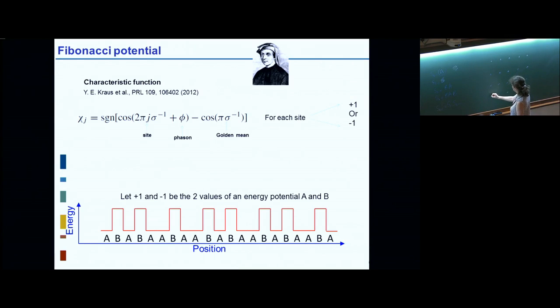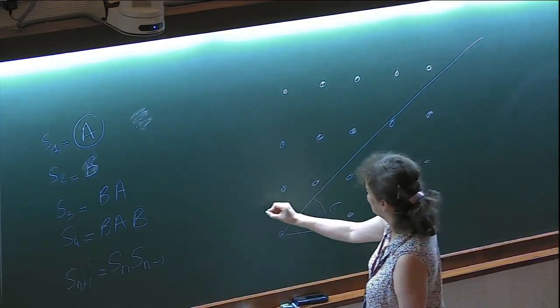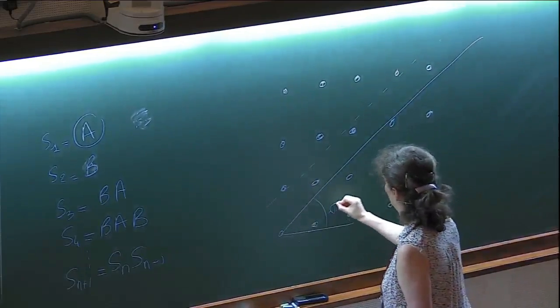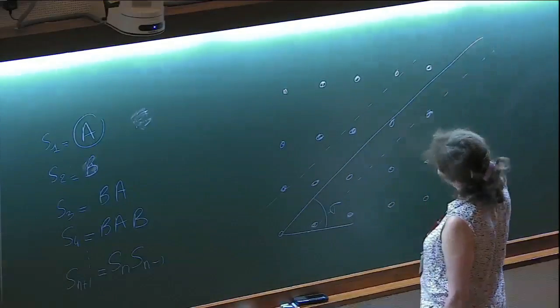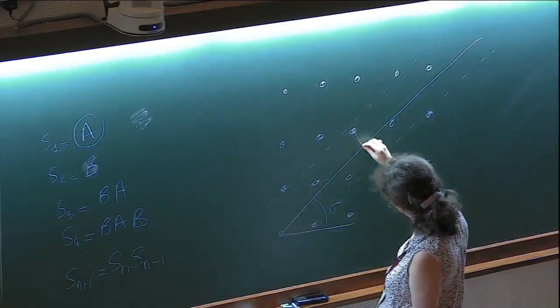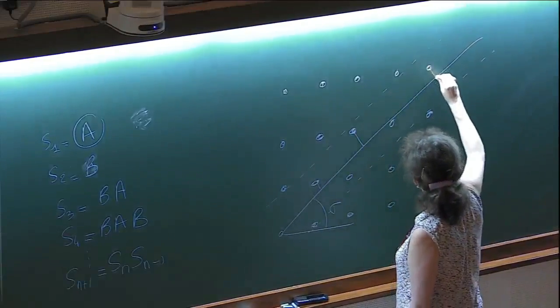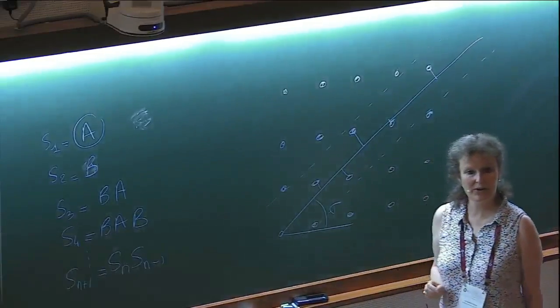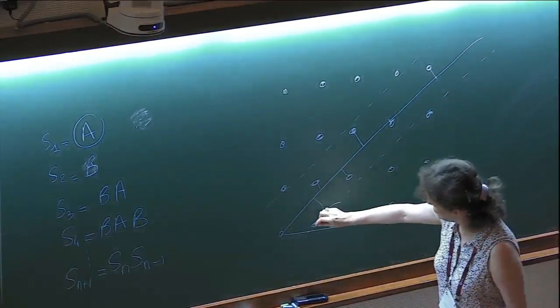So what you do is you take a line which has a slope which is the golden mean, and you take two parallel lines, and you project onto this line all the points which are between the two lines.